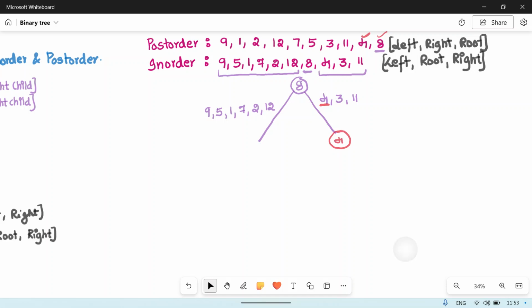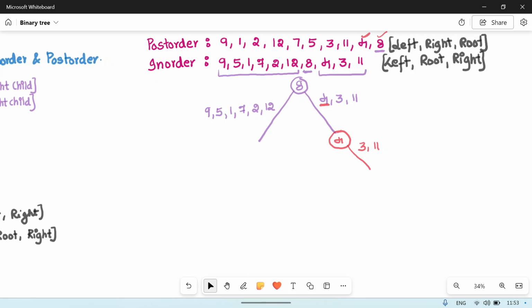But if you look very carefully, nothing is there to the left of 4. So 4 does not have any left child, whereas to the right, it has two nodes, 3 and 11. Are you understanding? Okay.